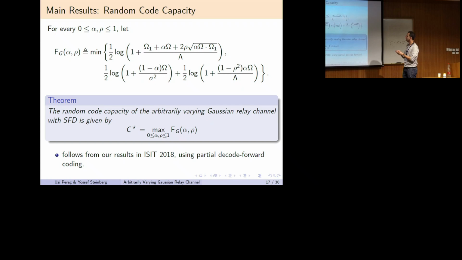Omega 1 is the constraint on the relay, and rho is the correlation coefficient between the input component and the relay transmission. We have shown that the random code capacity is the maximum of this function, and this follows quite straightforwardly from our previous results. So this is not our main contribution in this work.